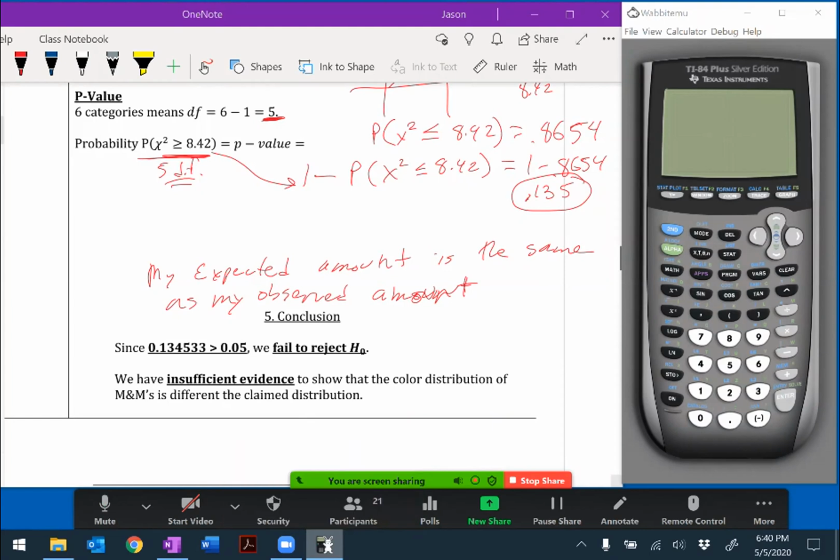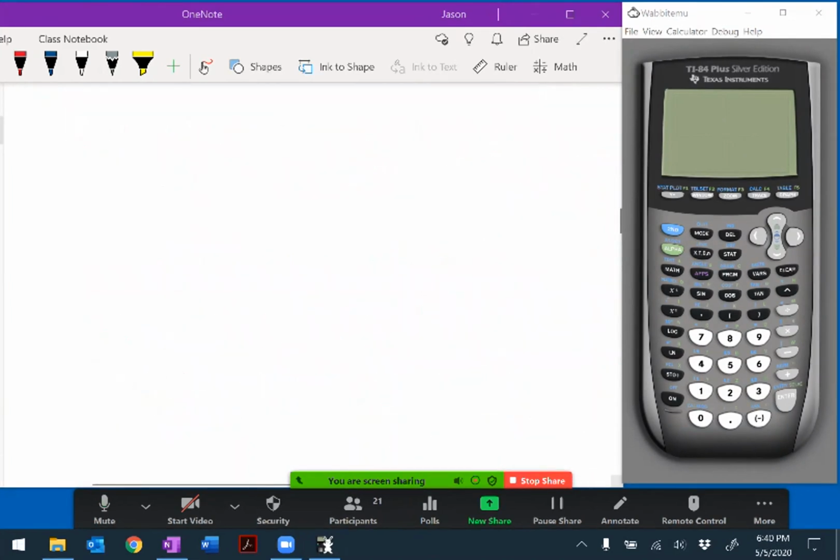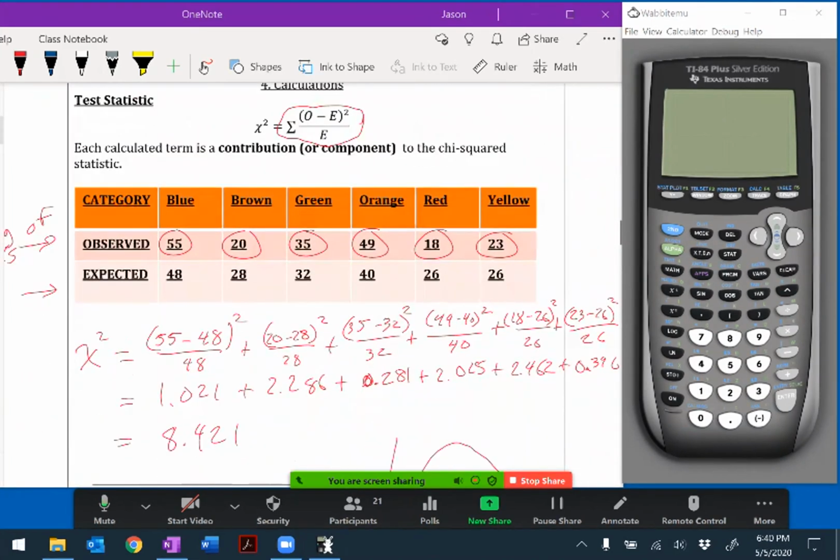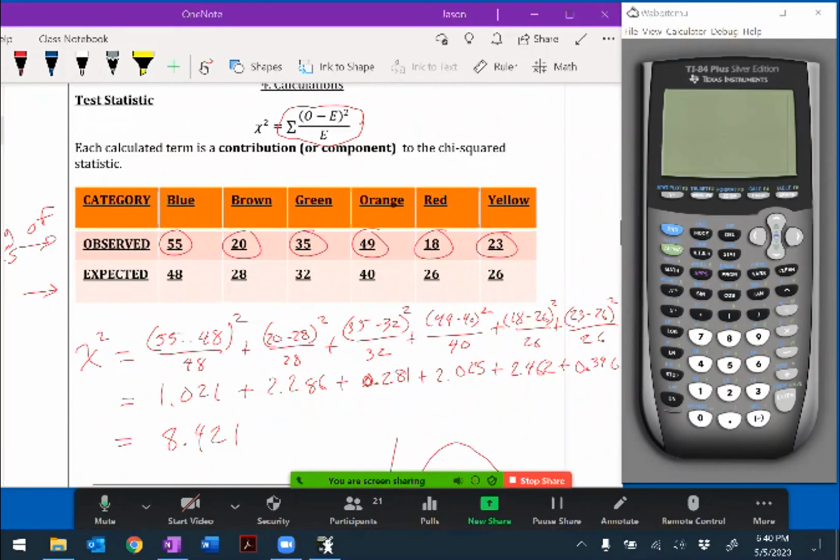So how would I do this if I was just given the amounts and wanted to do it on the calculator? What if I wanted the calculator to calculate chi-squared for me? The calculator will do that. You just have to set up 2 lists, one for observed and one for expected. If I go to stat, then edit, I set up 2 lists.